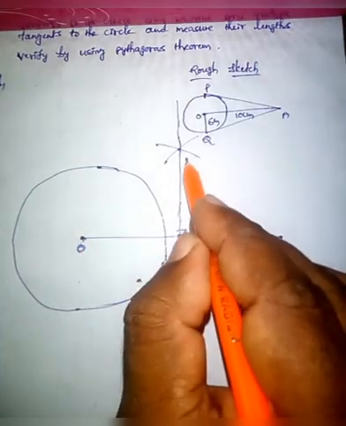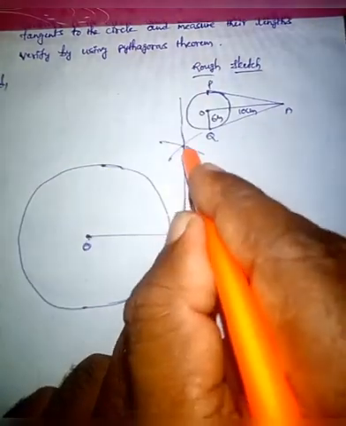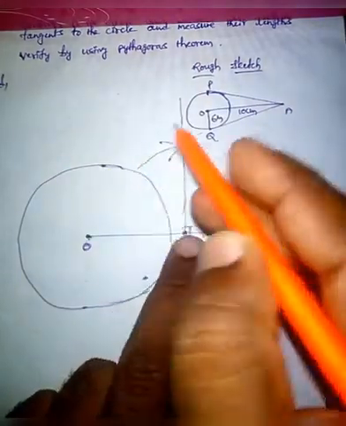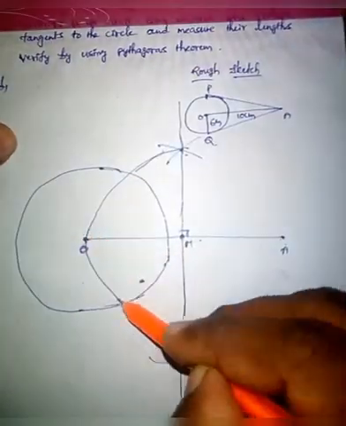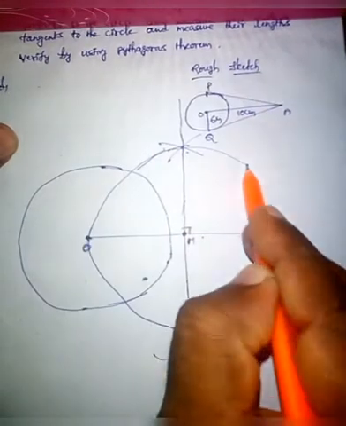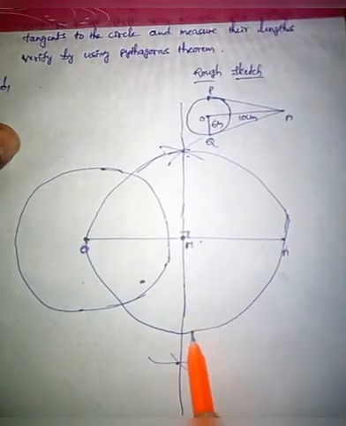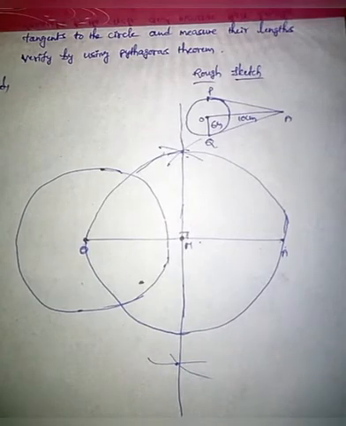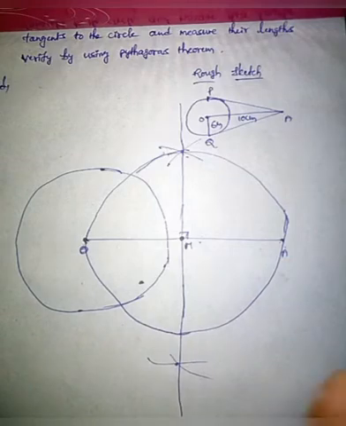draw another circle. Okay, if you place the compass from this point and draw the circle, the circle will pass through the points O and M. So actually this is a rough sketch. If you draw by using the instruments, you will get a good figure.